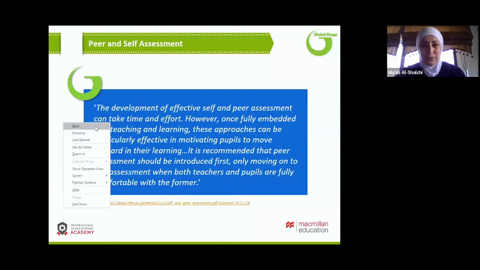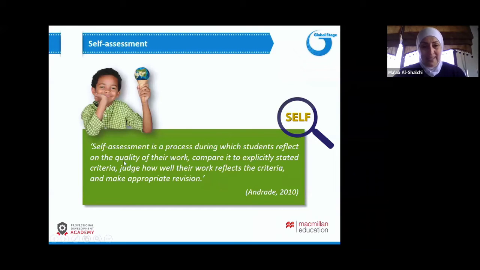Moving on to the next slide, here it says self-assessment is a process during which students reflect on the quality of their work, compare it to explicitly stated criteria, judge how well their work reflects the criteria, and make appropriate revision.